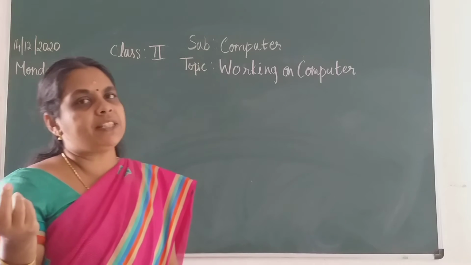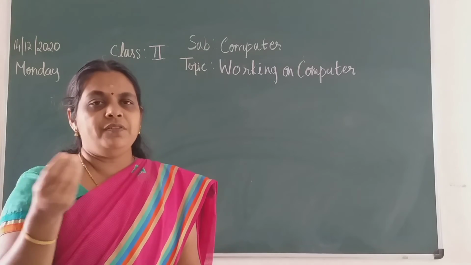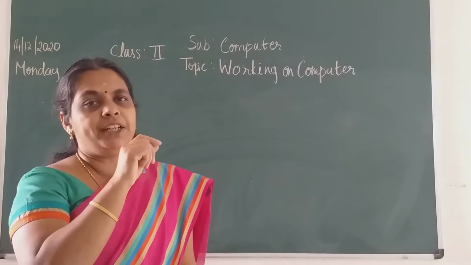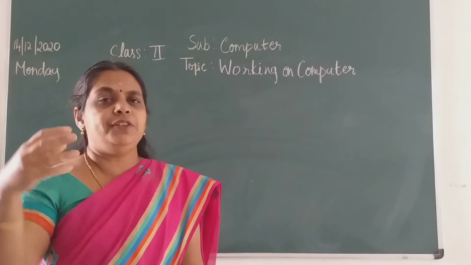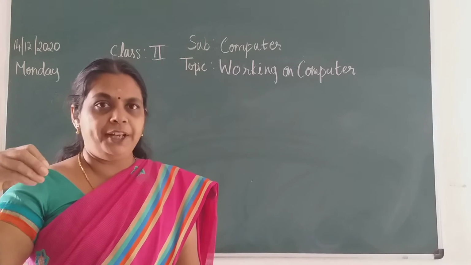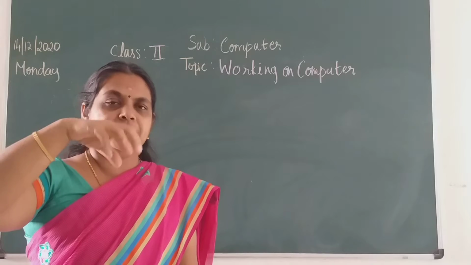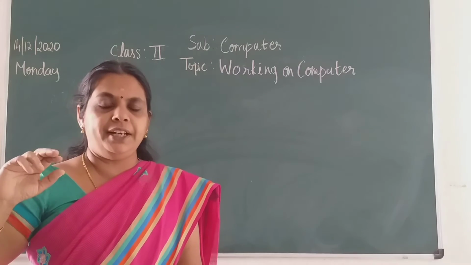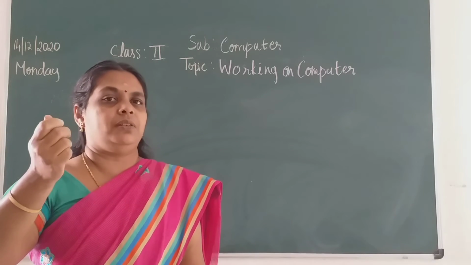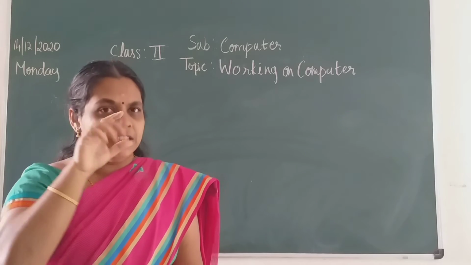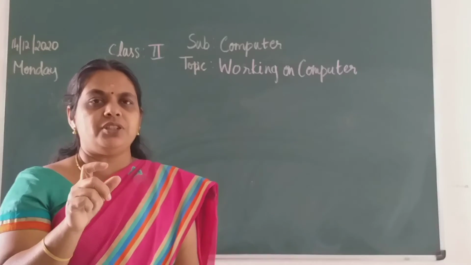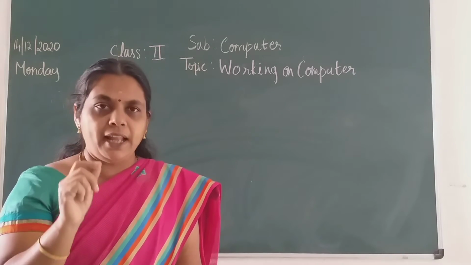In the same way, for a mixer grinder, first you connect the plug into the socket, then you put whatever you want to grind in the jar and fit it correctly into the mixer grinder. Then you switch on to grind it. There are some steps to do all these things, children.